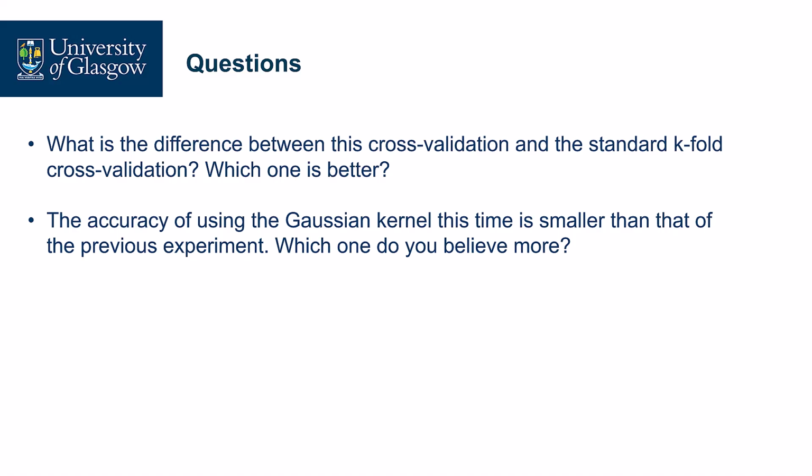But we find the best one is RBF, and the accuracy is 85.7. But the previous one using Gaussian is 86.2. So given this difference, which result do you believe more?